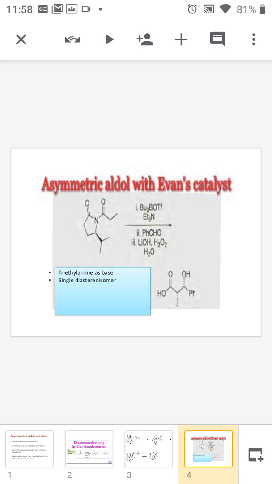These two together act as the base, and we will get only a single product. Our electrophile is PhCHO, and LiOH and H2O2 in water are used for removing the chiral auxiliary.